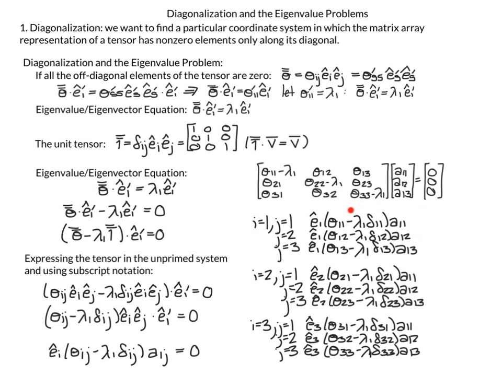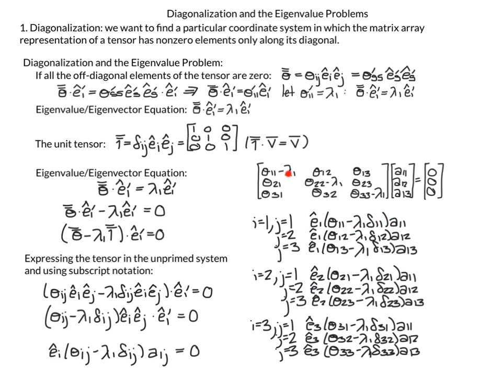So this here is equal to this row times this column. The rows are here, and the columns are a 1, 1, a 1, 2, and a 1, 3. So let's look at this row here. This is in the e1 direction, so this is my x row. I have sigma 1, 1, and then minus lambda 1, since delta 1, 1 is equal to 1.